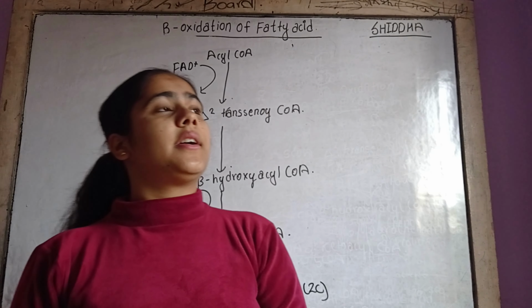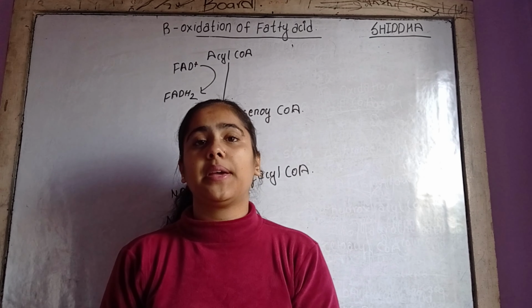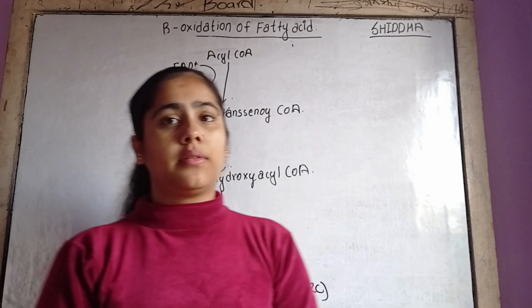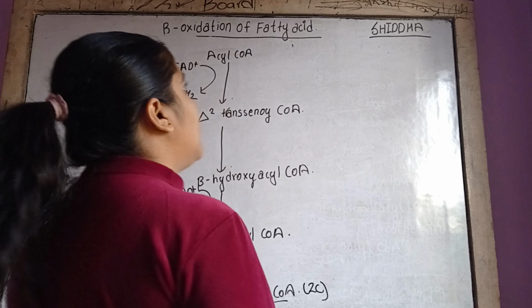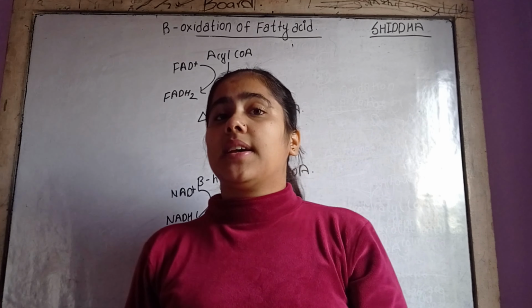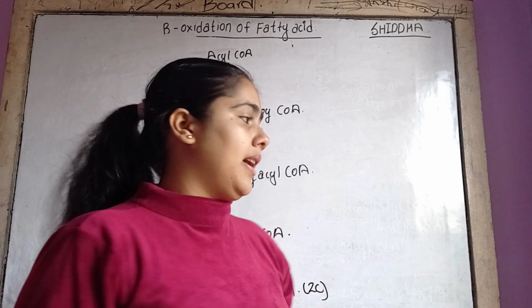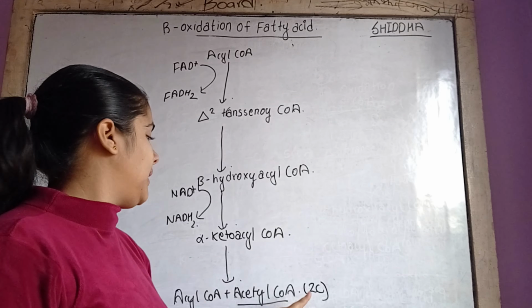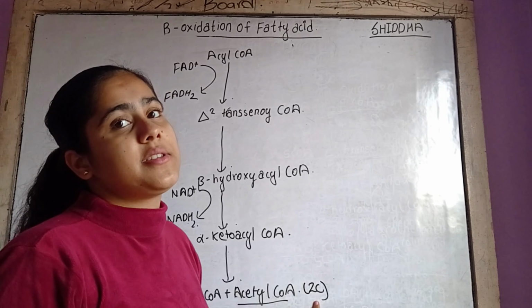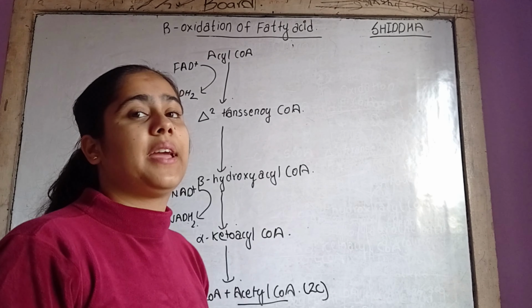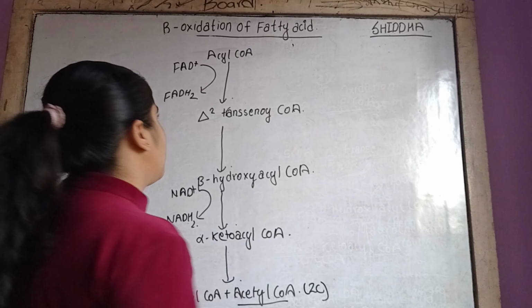Let us consider our fatty acid to be palmitoyl coenzyme A. So it is a 16 carbon compound. Acetyl coenzyme A is 2 carbon and palmitoyl coenzyme A is 16 carbon. That means altogether we would get 8 acetyl coenzyme A.